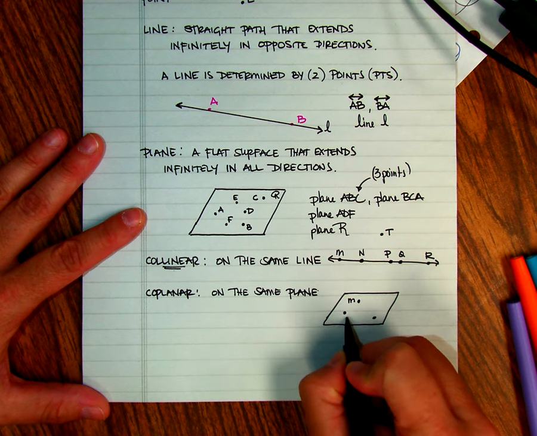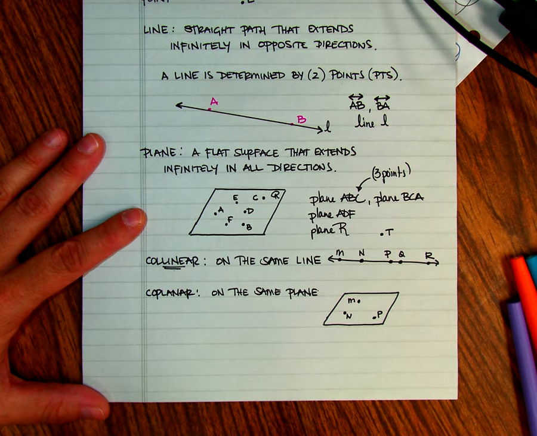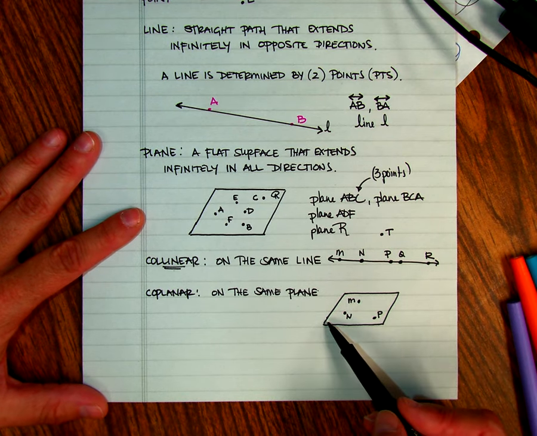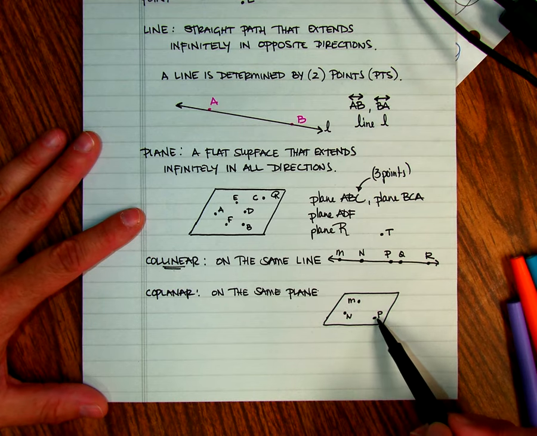So if we have points M, N, and P, let's visualize this as being like the top of your desk. Points M, N, and P are coplanar because they are on the same plane.